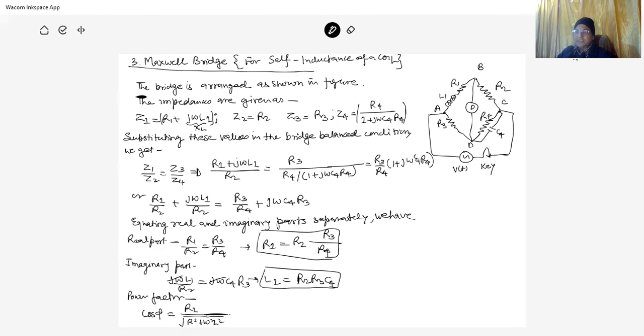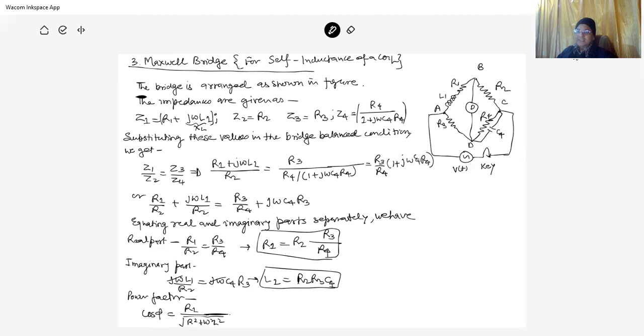Substituting these values in the bridge balance condition, Z1 upon Z2 is equal to Z3 upon Z4, which simplifies to R3 upon 1 plus j omega C4 R4.